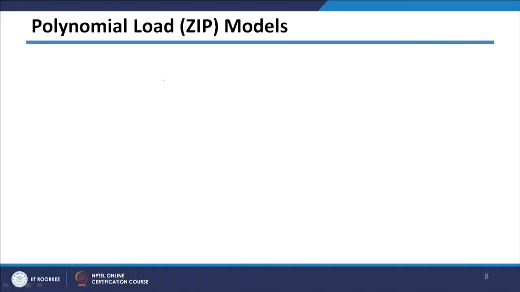And as I told you, many times your loads are of mixed type. So many times you need to consider all three types of loads together, and in that case we have seen there are two types of model we use. One is called the polynomial load model, and in the polynomial load model we represent the load like this.